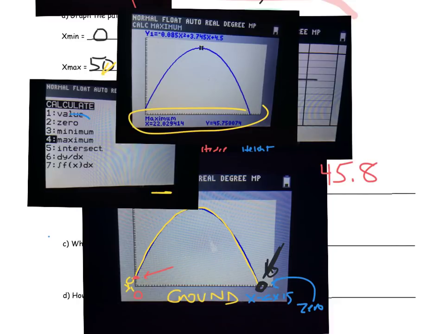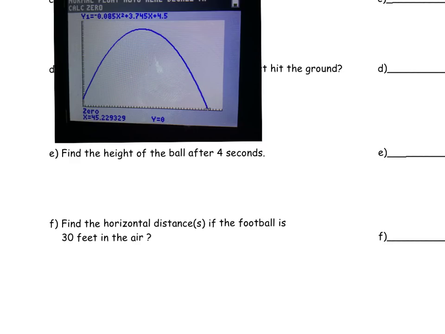So I'm going to go back to my Calculate menu and go to option 2 to calculate the 0. So here's the 0. The height is 0 when the ball hits the ground. How far from the person? They're asking you for the horizontal distance. Here, to the nearest tenth of a foot, 45.2 feet.